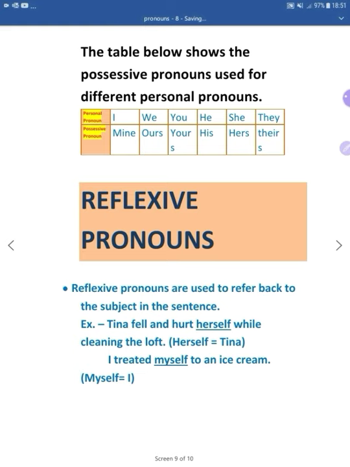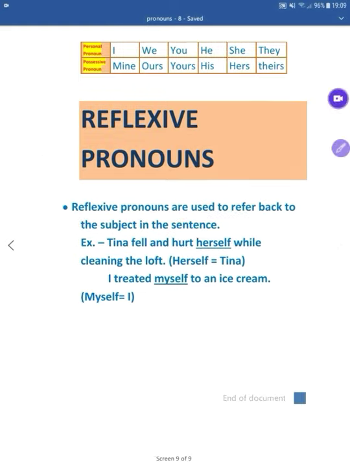Now we are going to discuss the reflexive pronoun. We can see that reflexive pronouns are used to refer back to the subject in the sentence. So it is just a kind of reflection of the subject of any sentence.